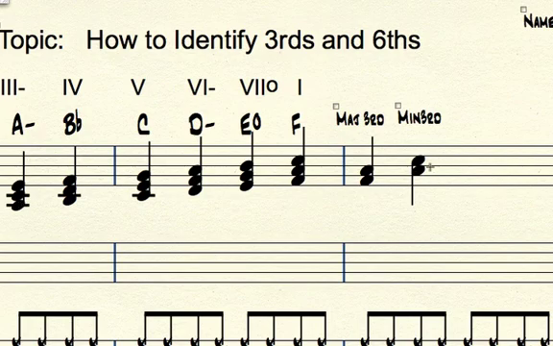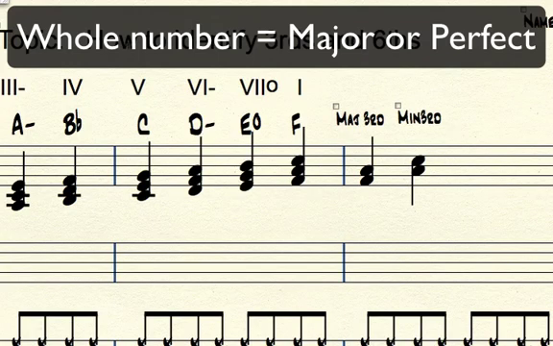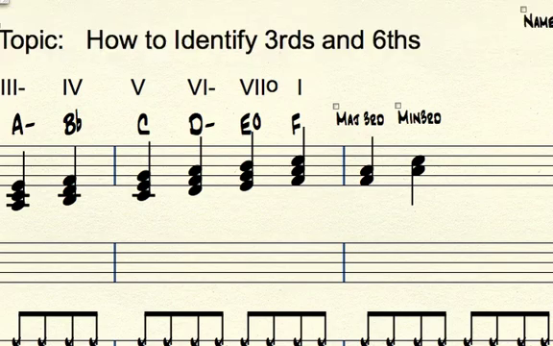I'm going to do a few more, but this time I'm going to use the abbreviation for how to label intervals. Instead of writing MAJ third or MIN third, when it's just a number by itself, that means it's major or perfect. We're only doing major and minor intervals right now, but if it were a perfect interval, it would mean perfect. So when I do this interval, what scale degree is that?